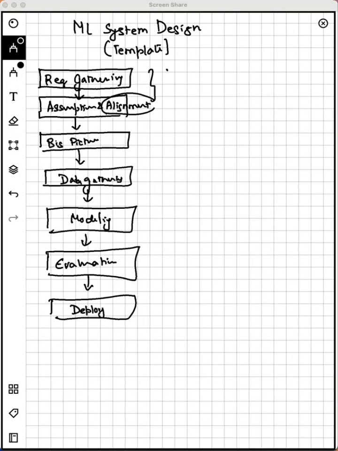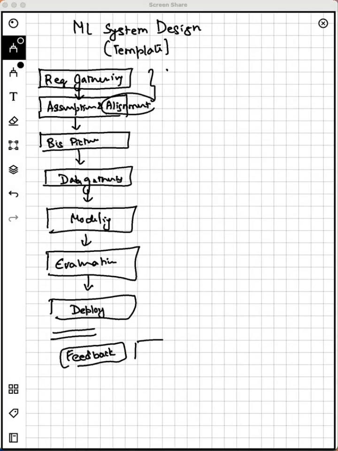Once all of these things are done, then we are actually done. Okay. But what is very important is that we have to think a little futuristic in this process, just like how we have to do in all of the other projects that we work in real life. We have to think about collecting feedback.